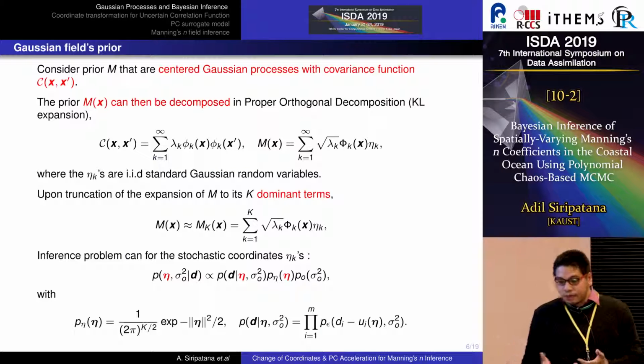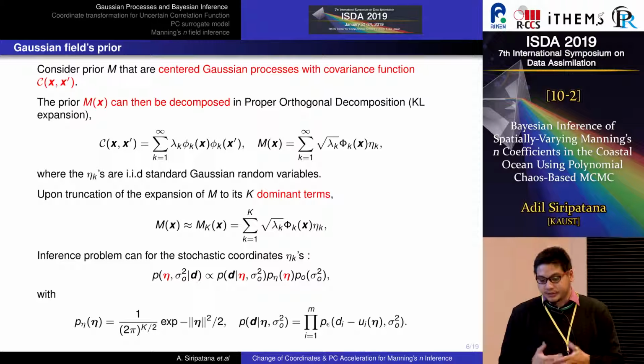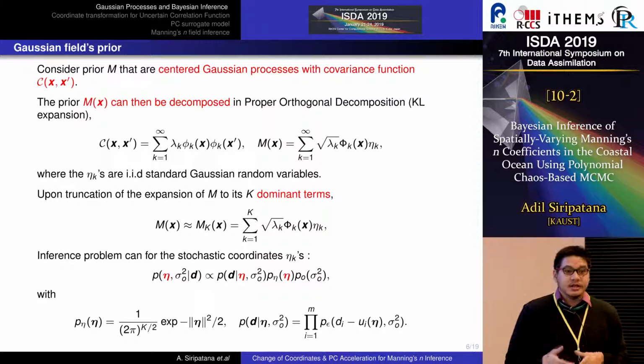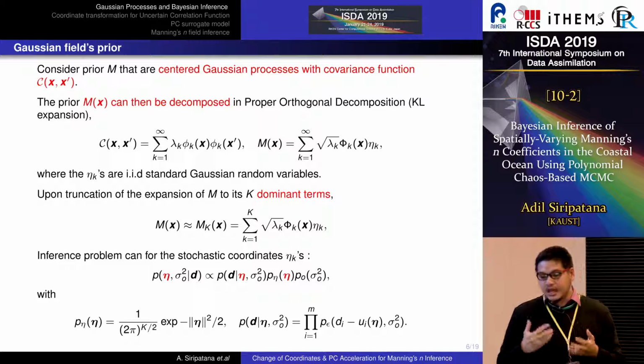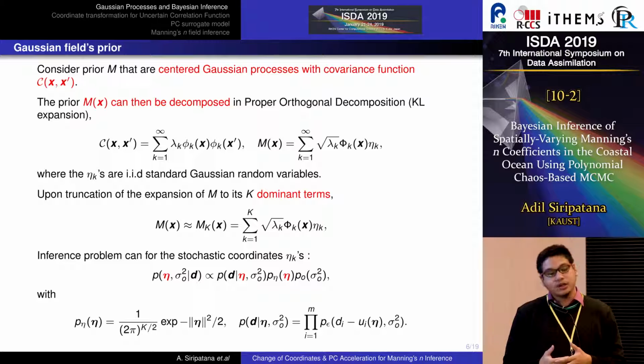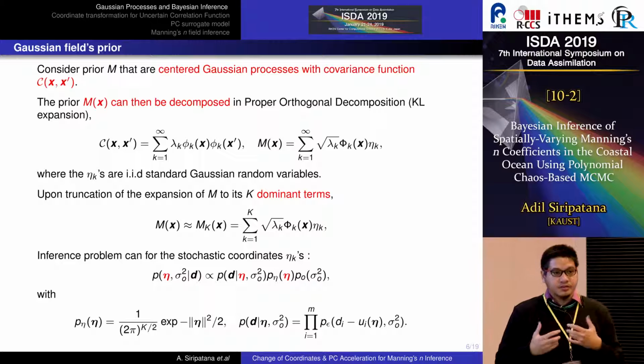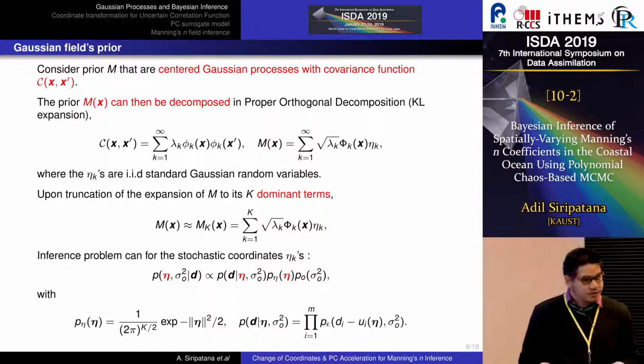So we assume that our field, the Manning field, is a centered Gaussian process, which can be described using the covariance model. We can then use the proper orthogonal decomposition, or in the simpler term that I want to use, the KL expansion.